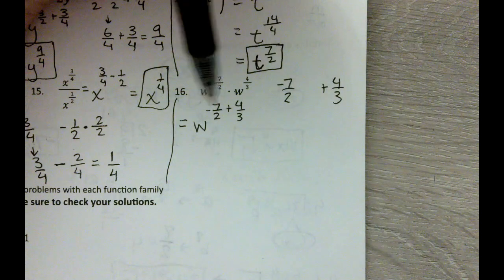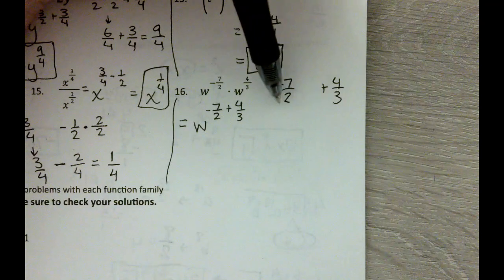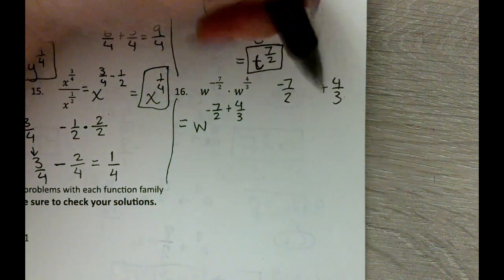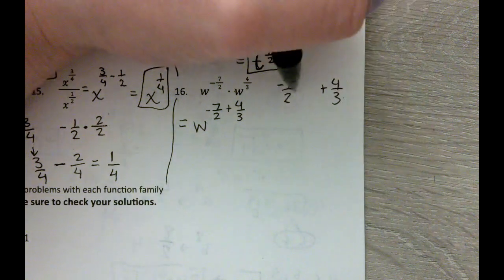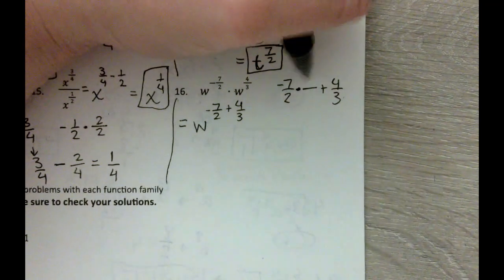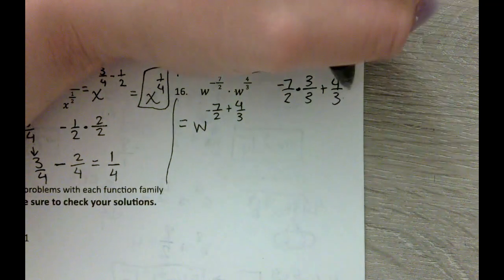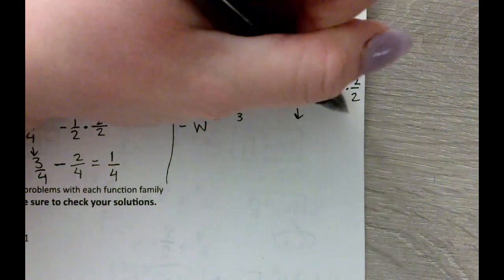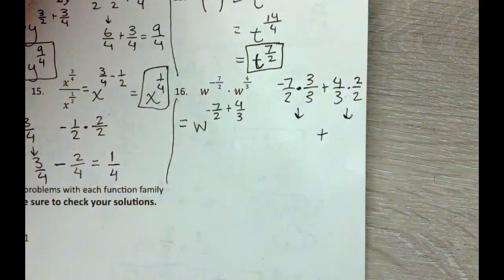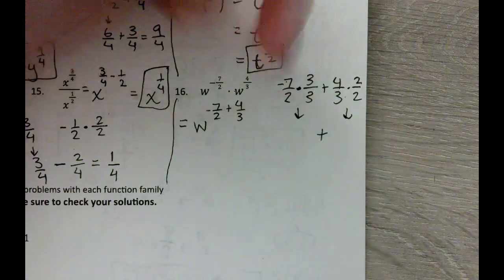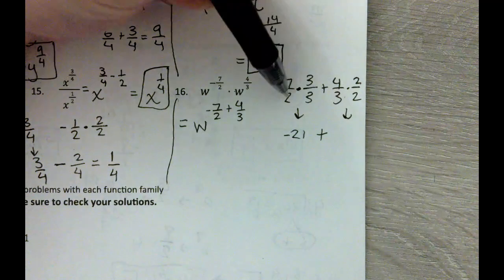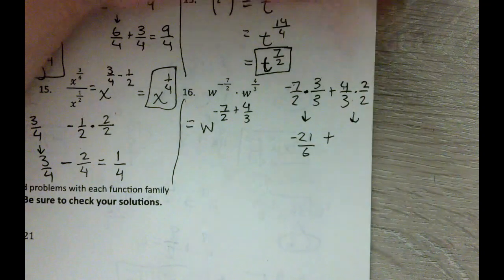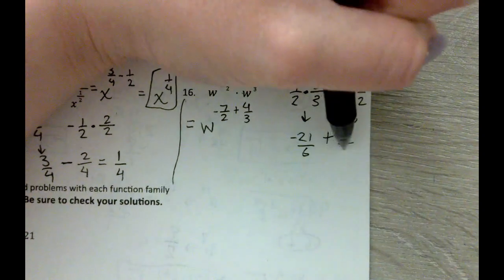2 and 3. Well, I can't turn 2 into 3, and I can't turn 3 into 2. If I multiply them together, I get a 6, so I can turn both of these into a 6. So I'll multiply this fraction by 3 over 3, and this fraction by 2 over 2 to make that work. 2 new fractions being added. Negative 7 times 3, that's negative 21. 2 times 3, that's 6. 4 times 2, that's 8. 3 times 2, that's 6.